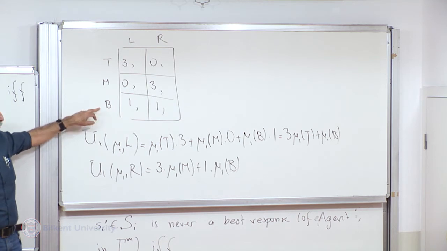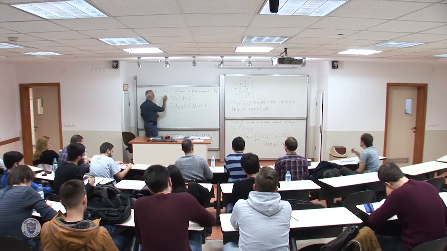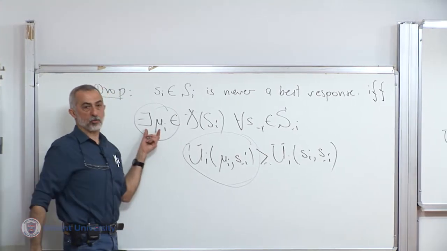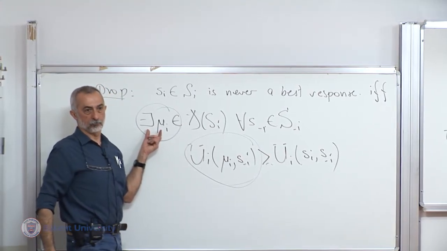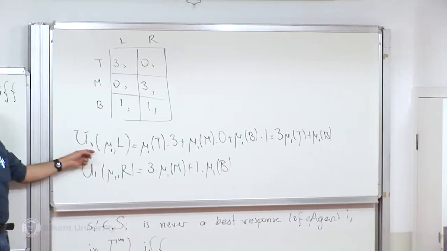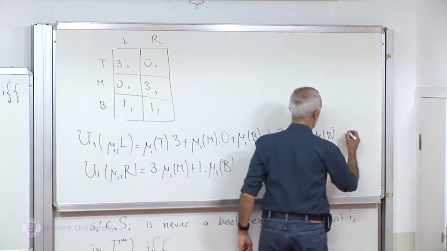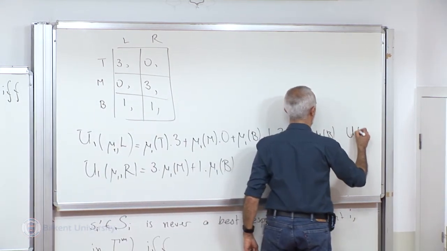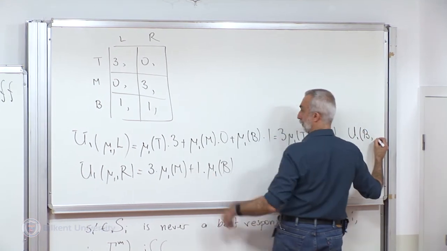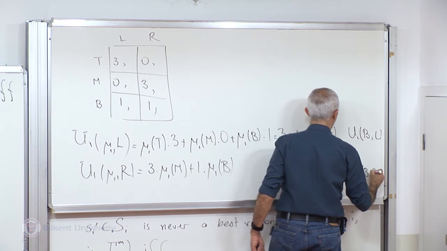So to show that, what do I have to do? I have to show that player one has a mixed strategy for which this number is bigger than 1. So I'm going to write here, U1 of BL, U1 of BR.